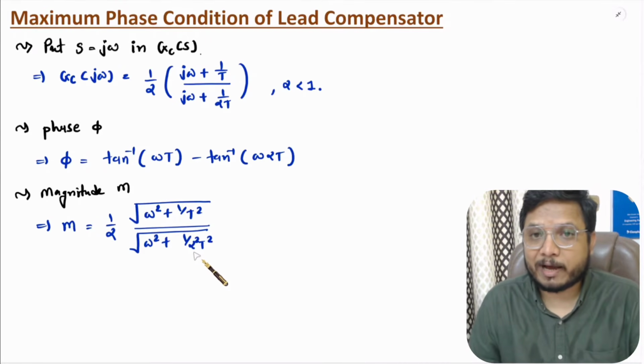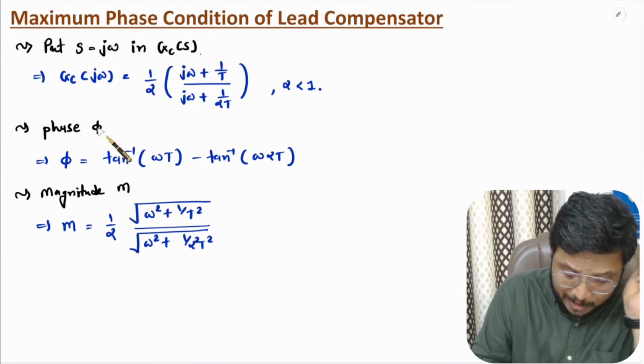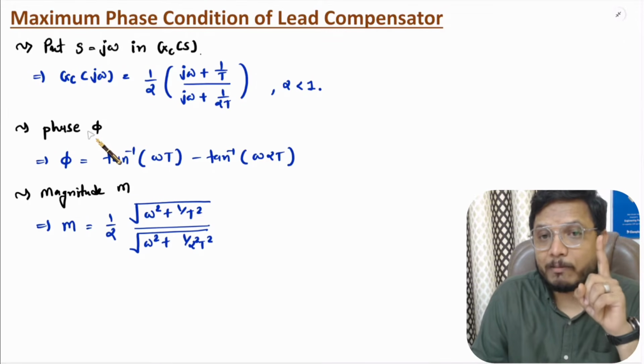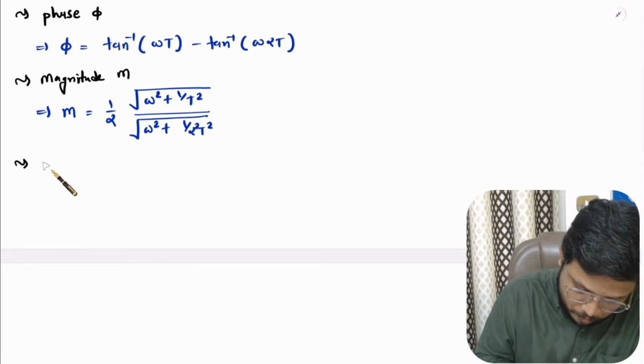Now I will identify the maximum phase condition. See, the maximum phase phi, one can get by differentiating phi with respect to omega, and it should be 0.